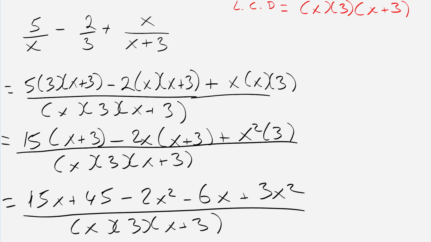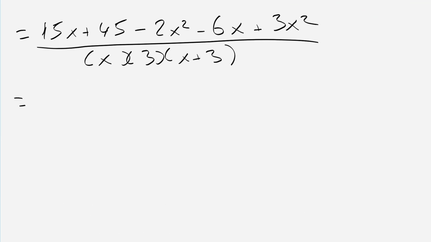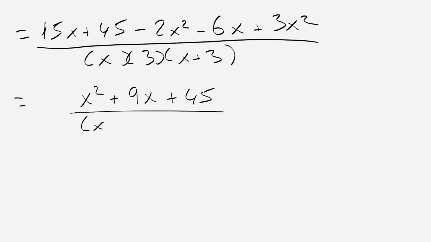So let's just take this to the next page and keep tidying up. So we have minus 2x squared plus 3x squared, that's simply x squared, 15x minus 6x plus 9x plus 45, all over my denominator of x times 3 times x plus 3.